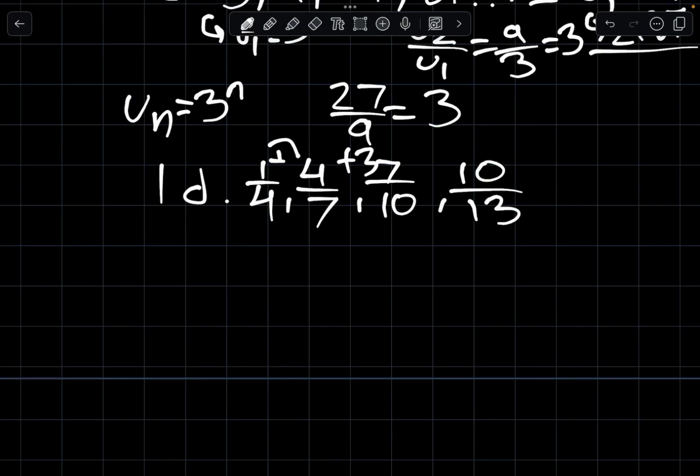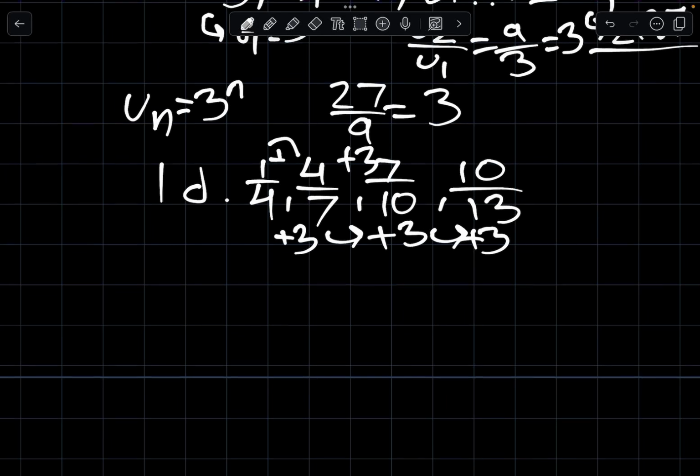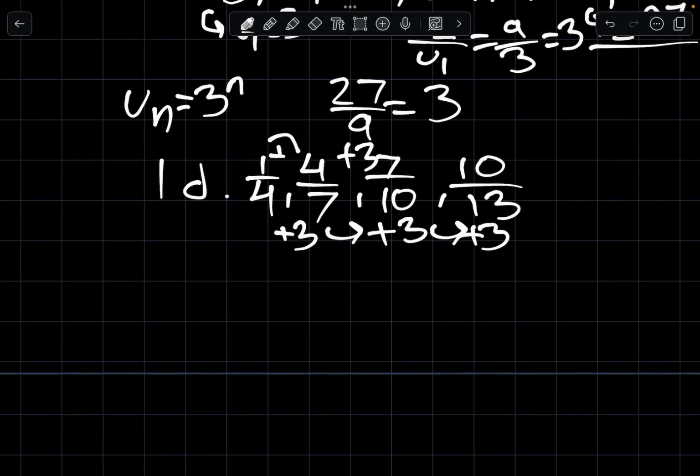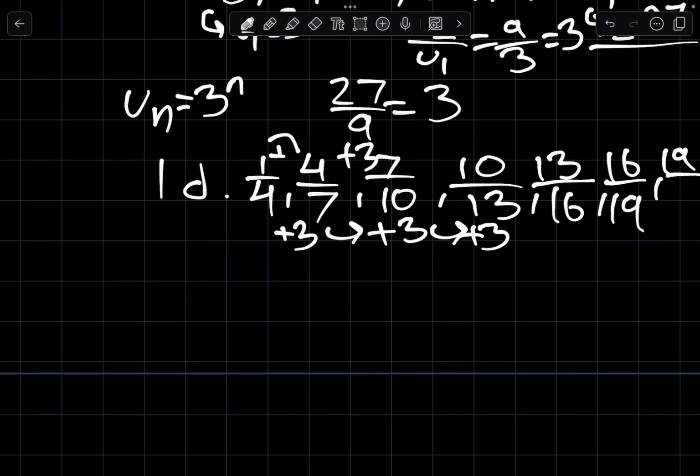And good thing for us, the denominator is also doing the exact same thing. Plus 3, plus 3, plus 3. So we can already easily find the next three terms by just doing plus 3 on each of these. So we have 13 divided by 16, and then 16 divided by 19, and then 19 divided by 22.